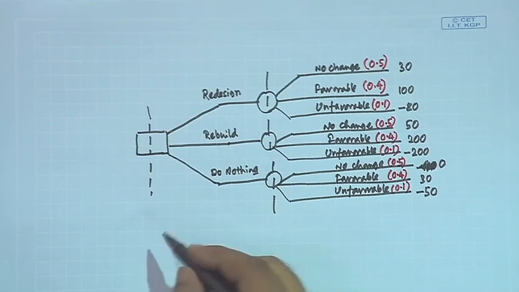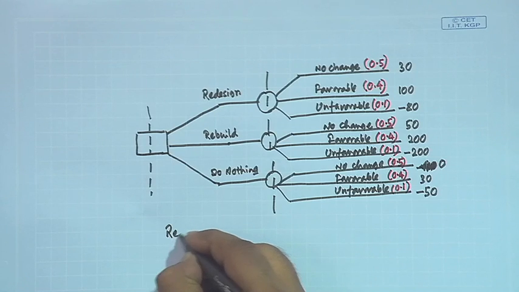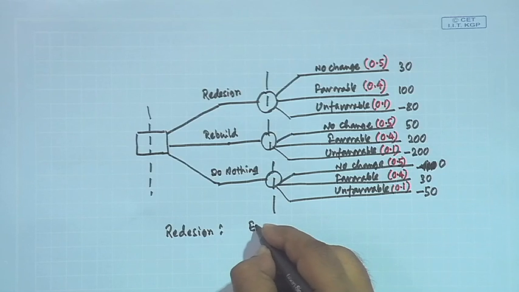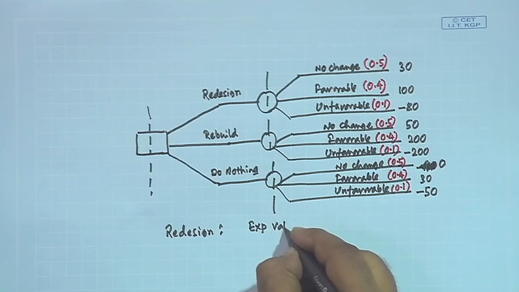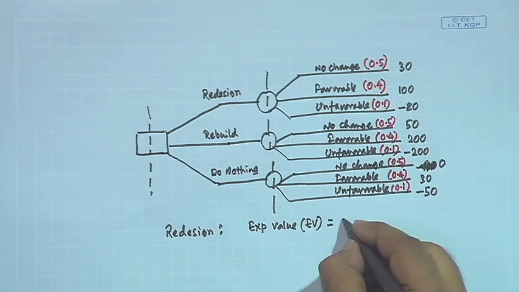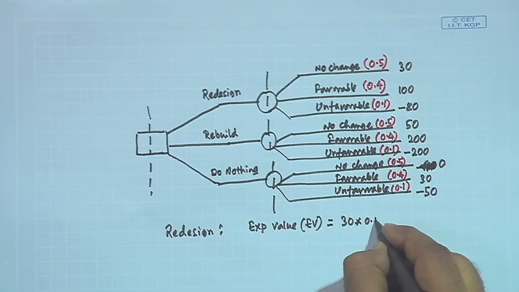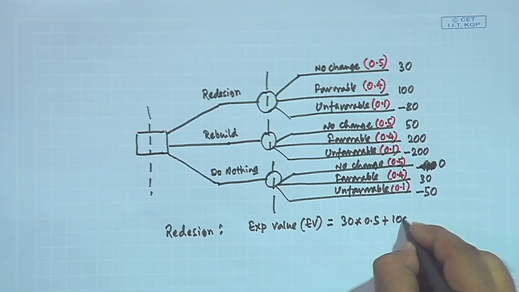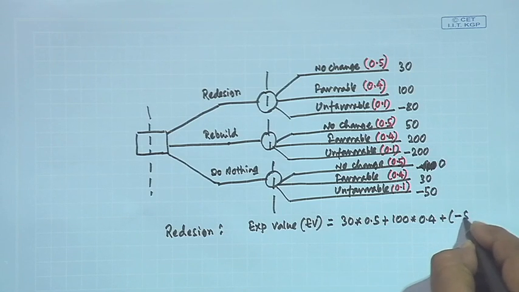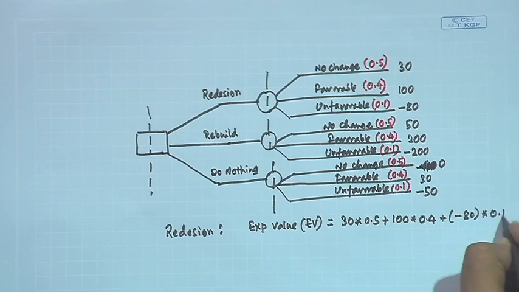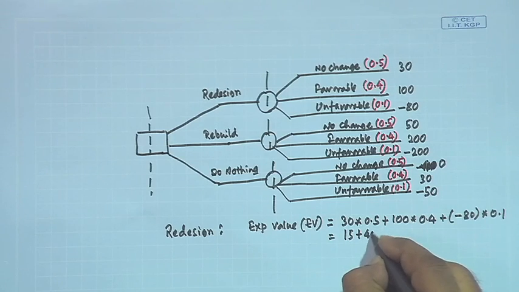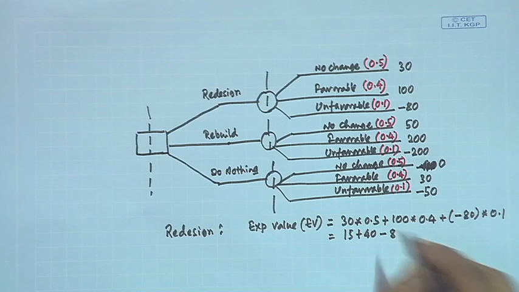The first case, that is redesign, the expected value EV would be 30 into 0.5 plus 100 into 0.4 plus minus 80 into 0.1 equal to 15 plus 40 minus 8.